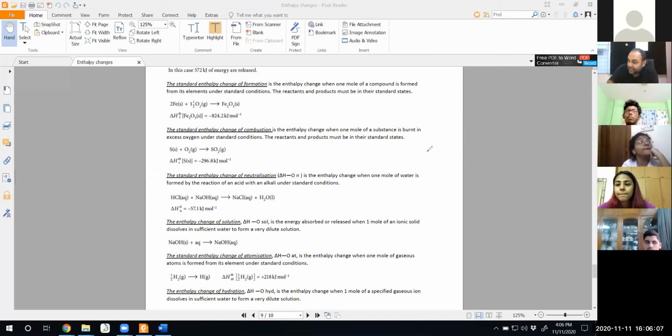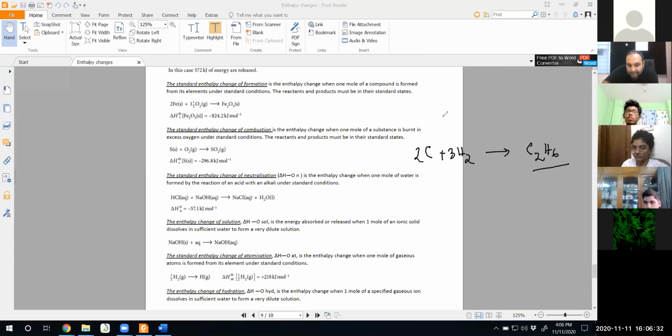So if we go back to an example like this, 2 carbon plus 3 hydrogen is giving us a C2H6 molecule. What type of reaction is this? Enthalpy change of formation. Of what? C2H6, ethane.